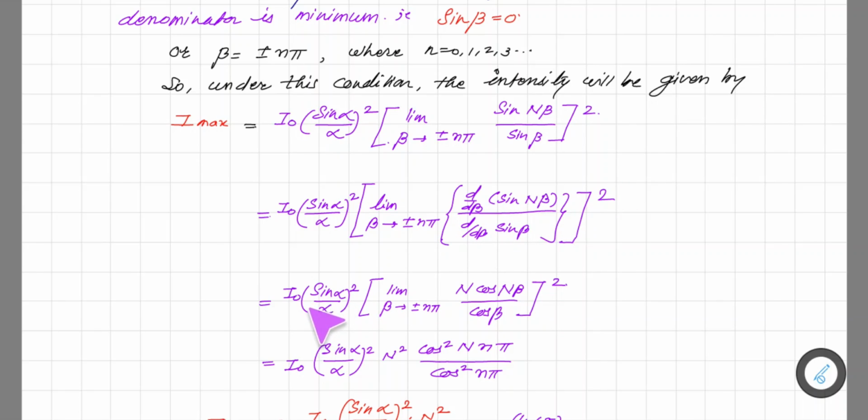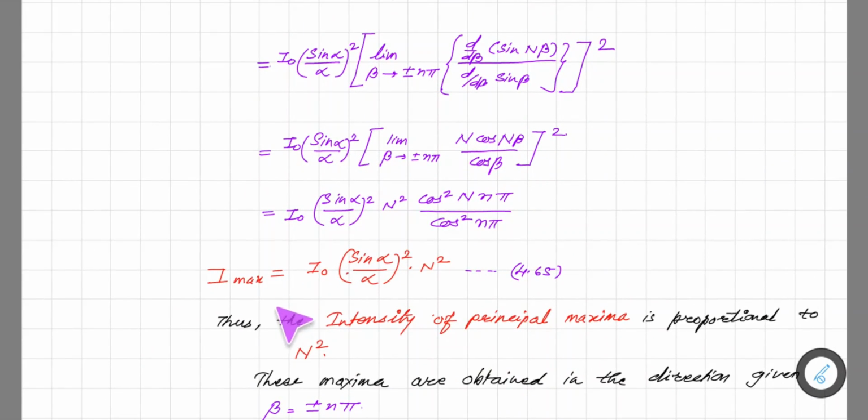After differentiation, we get I0 (sin alpha / alpha) square, as limit beta tends to plus minus n pi, (n cos n beta / cos beta) square. So that is equal to I0 (sin alpha / alpha) square into n square cos square n pi divided by cos square n pi, and from this term we get I max is equal to I0 (sin alpha / alpha) square into n square.